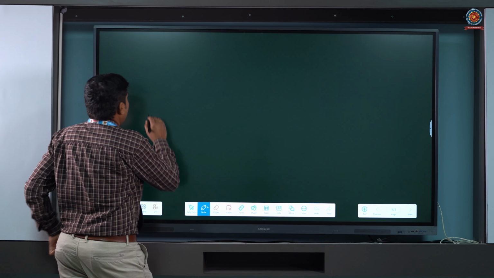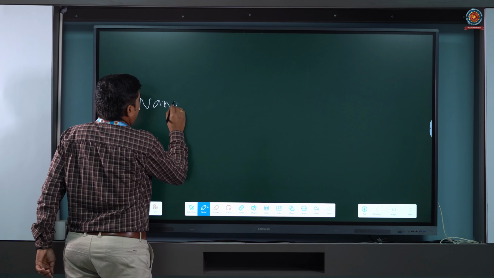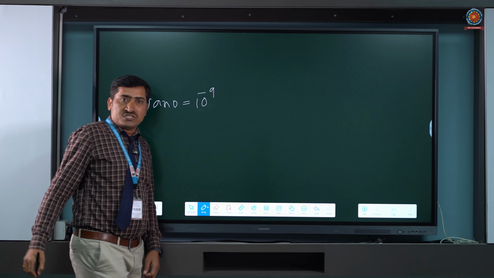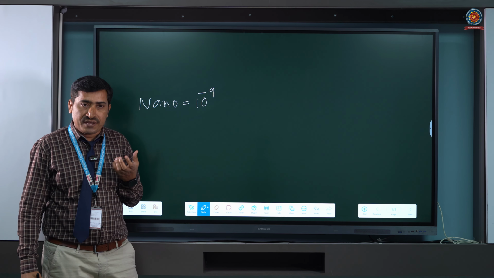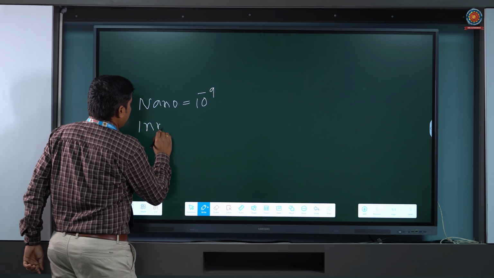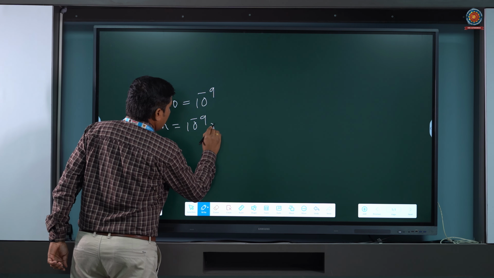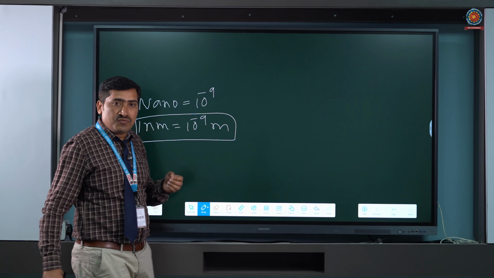What is a nanometer? 1 nanometer is equal to 10 to the power of minus 9 meter. This is the aim of the synthesis.